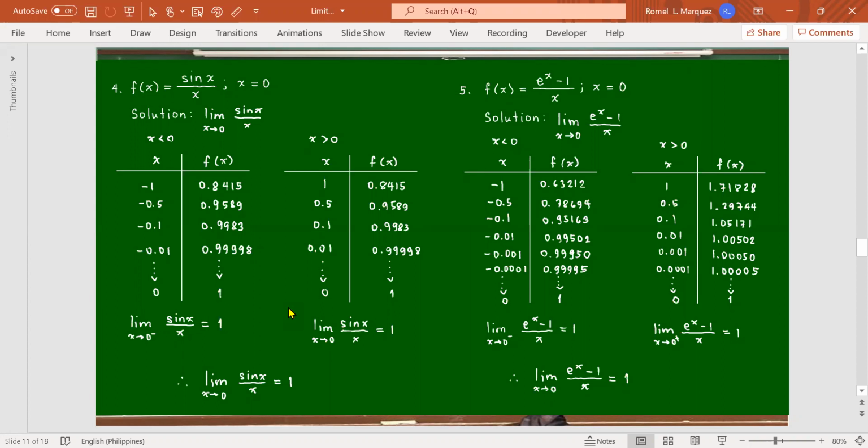Okay, children? So in graphical, all you have to do is look at the graph, no? Where the value of the function gets closer and closer, based on the graph, as your x gets closer and closer to a specific number from the left and from the right, so that you can decide what the limit of the function is.